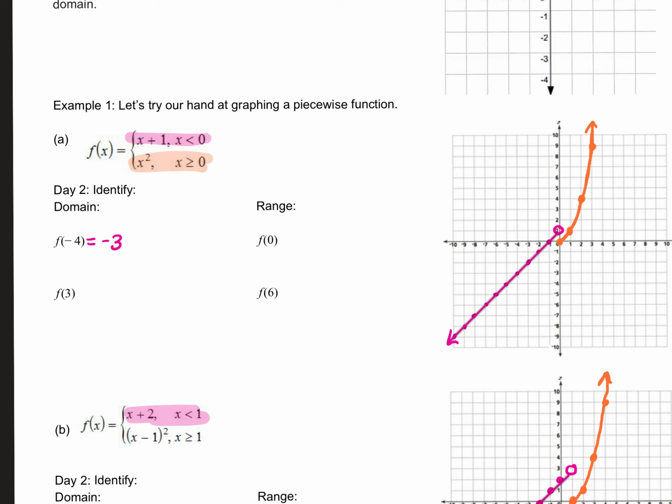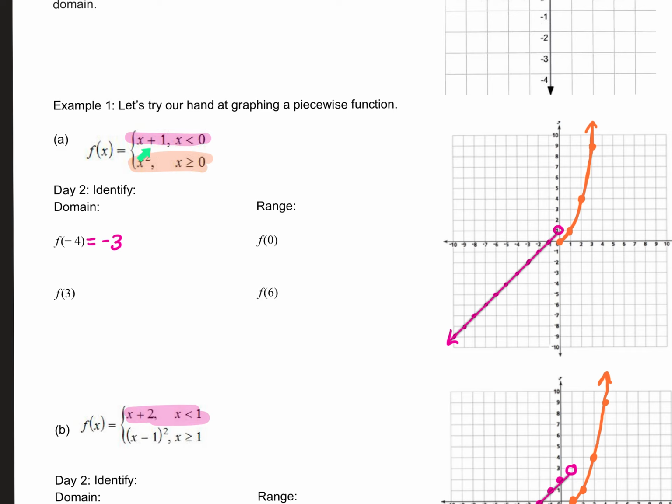Now, let's say we didn't have the graph, okay? Let's say we just had the function. So if we look up here, our function f of x, and I ask you to find f of -4, I have to look at which part of my function would x equals -4 fall on, right? So these are all of the values where x is less than 0.